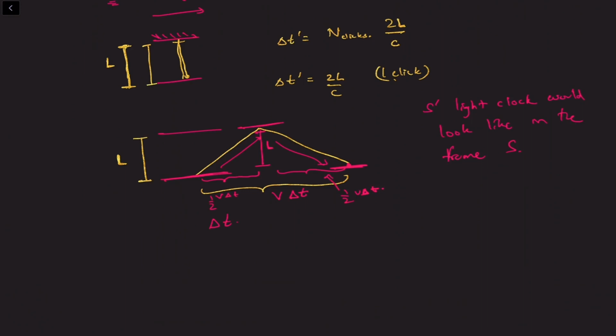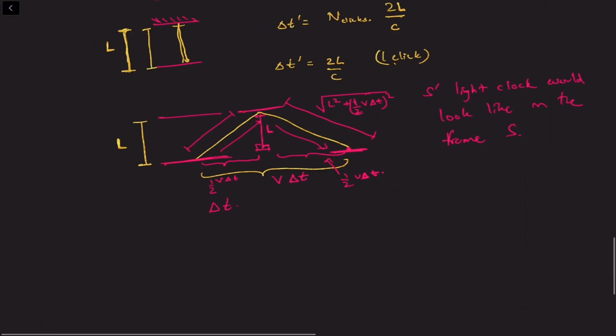So by using Pythagoras' theorem, this is a 90-degree angle, this distance over here is just the square root of L squared plus (half v delta t) squared. And similarly, this distance is the same as well: the square root of L squared plus (half v delta t) squared.